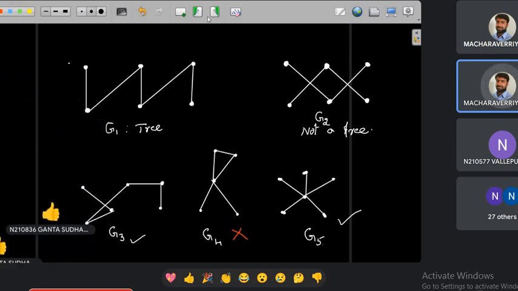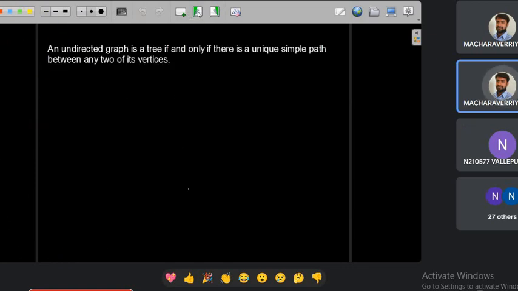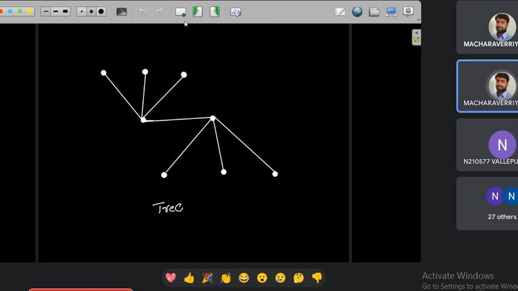All right. So I hope you can identify whether a given graph is a tree or not. All right. So how about this? Yeah, this is also an example of a tree. Say something about trees here. See, if a graph is a tree, then definitely you're not allowed to have multiple edges between the vertices. Yes or no? For example, if you have a multiple edge, let's assume that this has a multiple edge here.